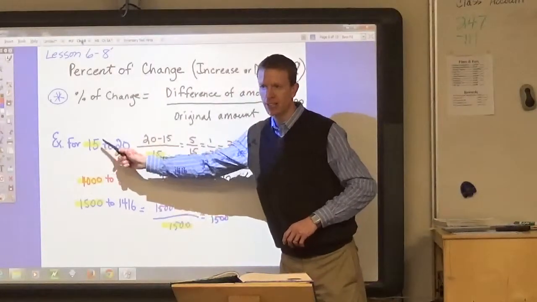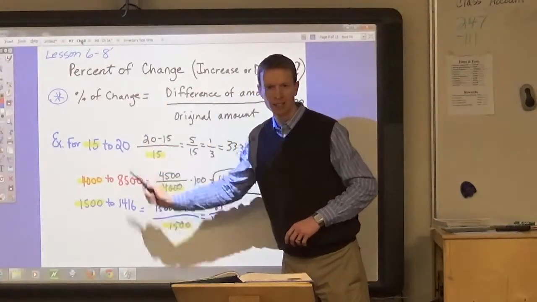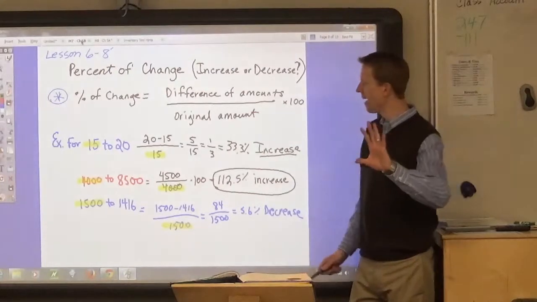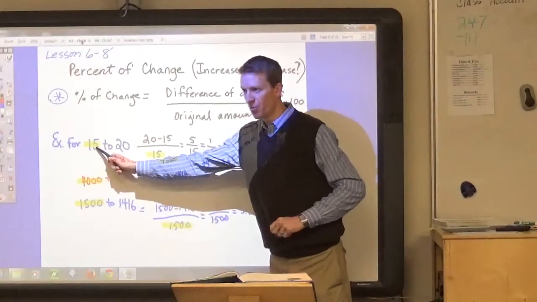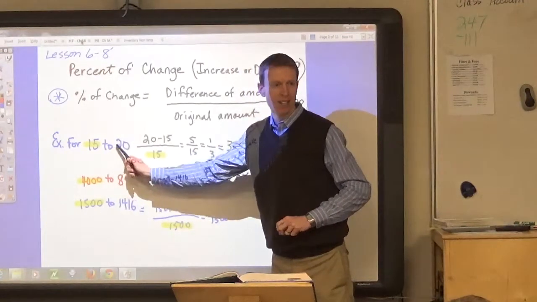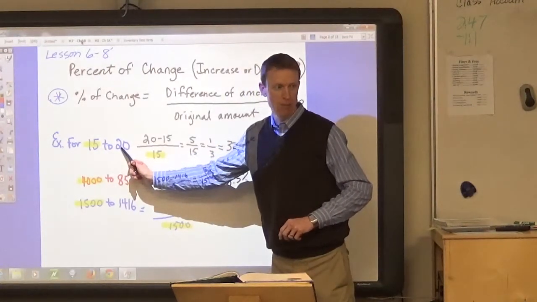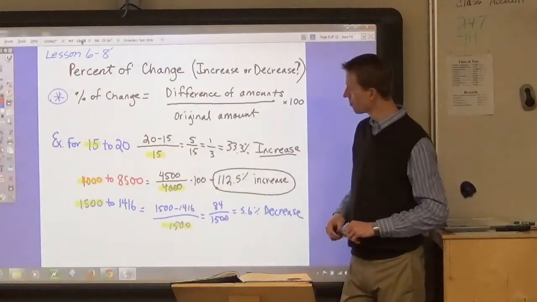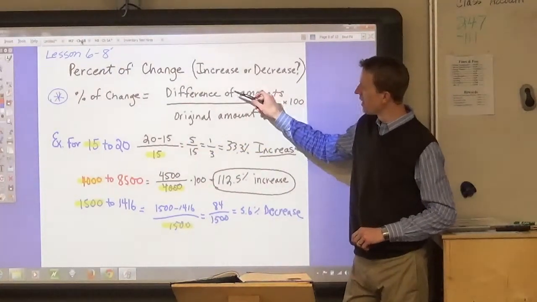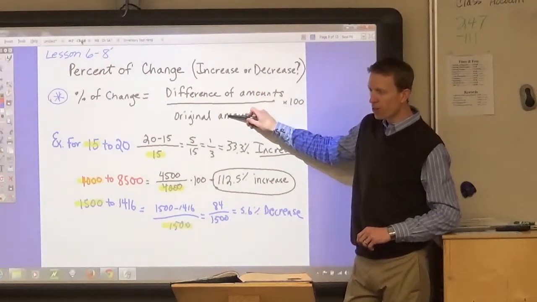From 15 to 20 is a difference of 5, and you always use the bigger absolute value minus the smaller absolute value. So 20 minus 15, then it's written over the original amount.